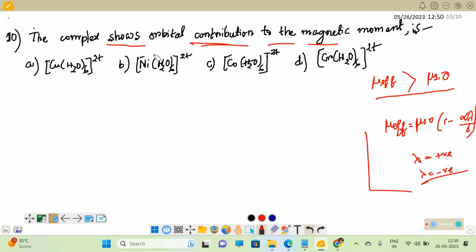The issue is we have to see which complex has the orbital contribution. For that we have to see the electronic configuration of every complex. So here Cu2+, here Ni2+, here Co2+, and here Cr2+. For Cu2+, you know that this is a 3d9 system. It will be like this.